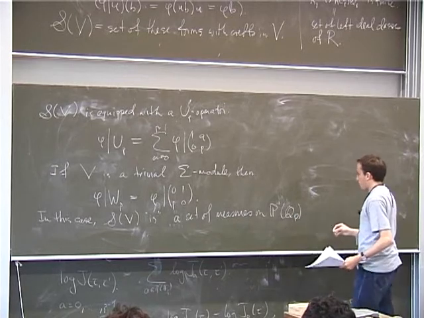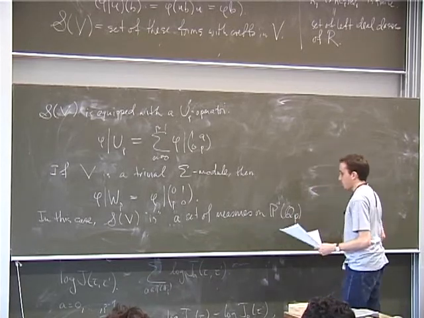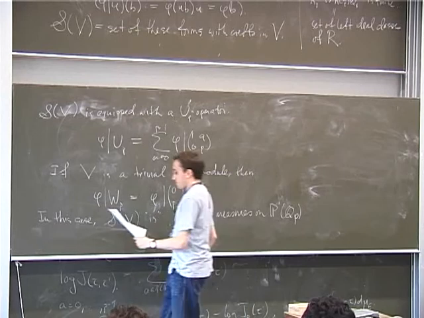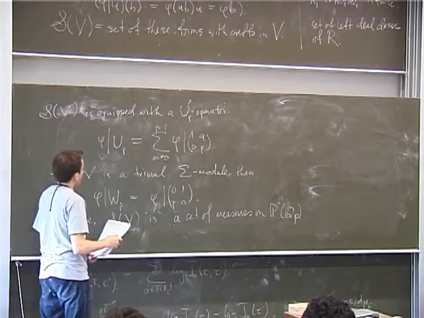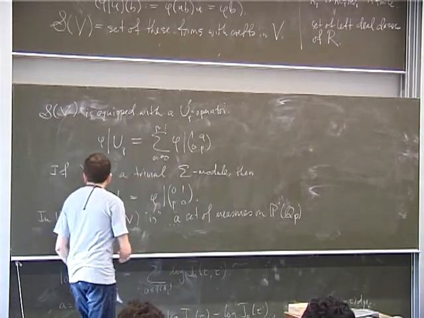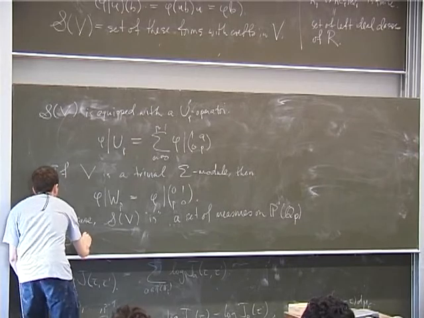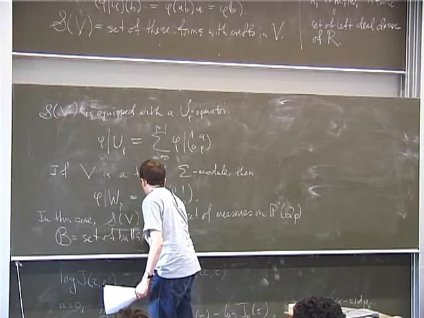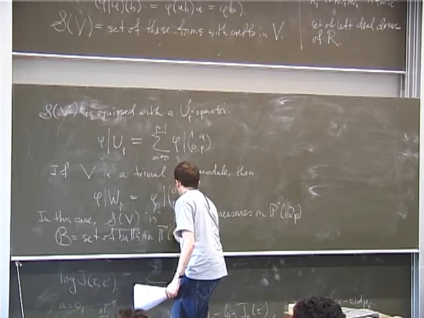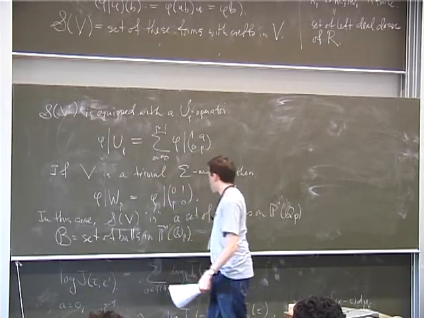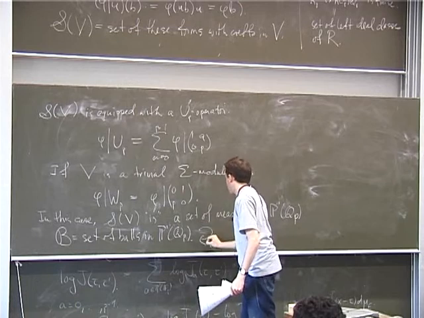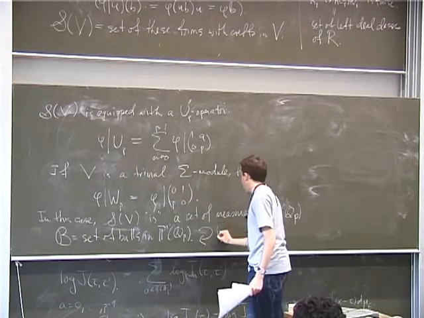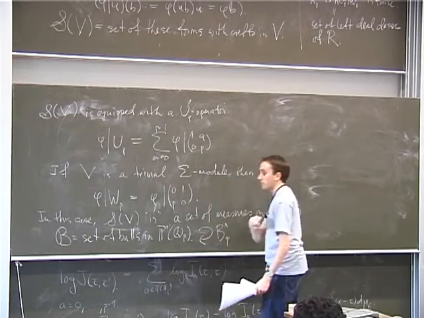Now, the way this works is, let me let B be the set of balls in P1 of QP, and on this, we have GL2 of QP acting, and I've identified that with BP star.